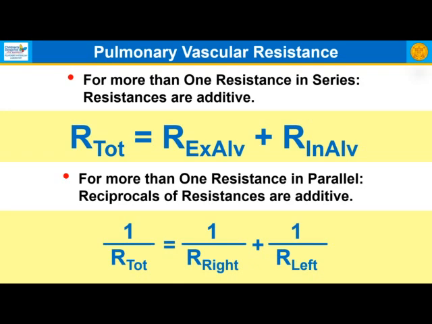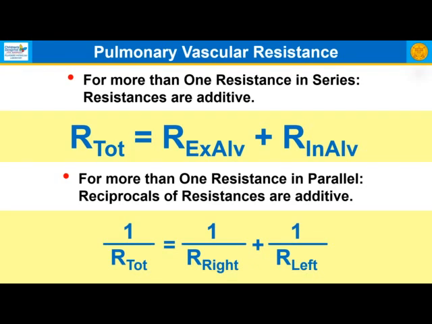For example, if we wanted to look at resistance of airways in the right lung and the left lung, the reciprocal of the total resistance would equal the reciprocal of the right plus the reciprocal of the left. When we're dealing with extra and intraalveolar vessels, however, these are in series.